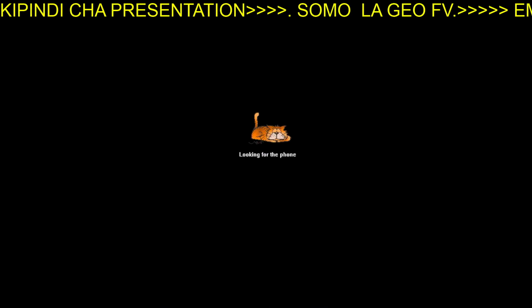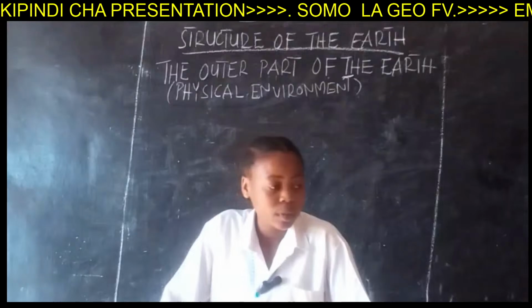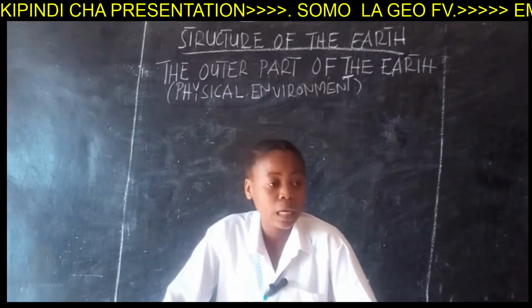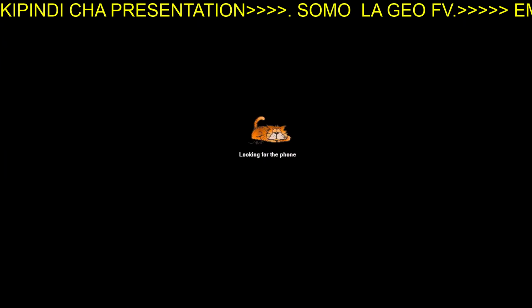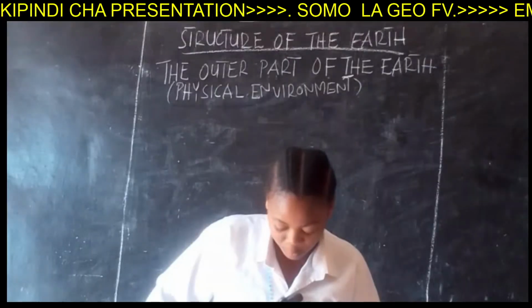To see the types of layers of crust, the first type is sima and sial. I'm going to explain the types of crust or lithosphere. The first type is sima. This is the layer of silica and magnesium. It is a continuous layer that forms the oceanic floor.